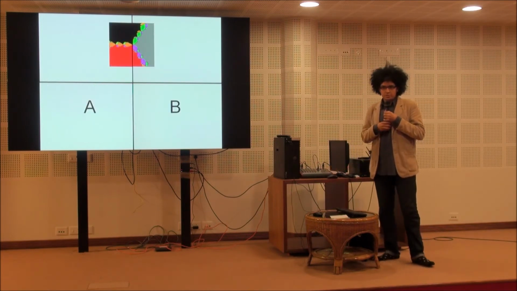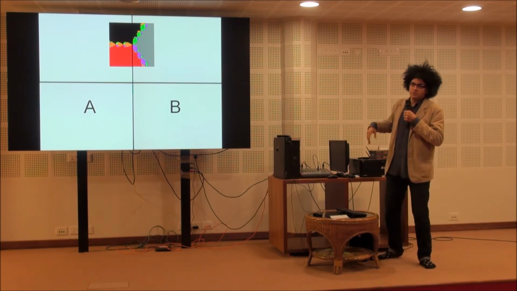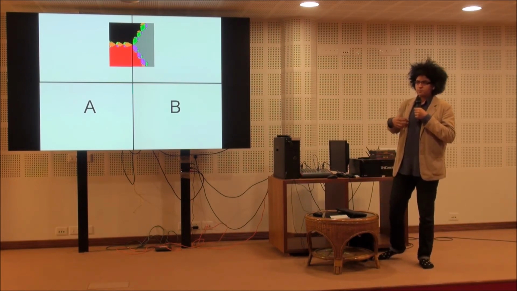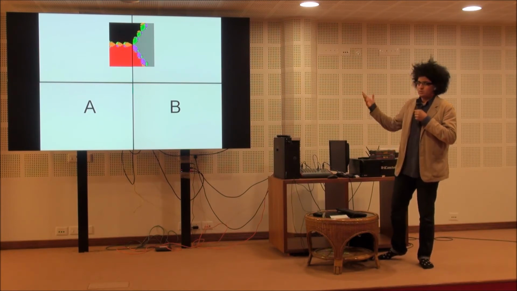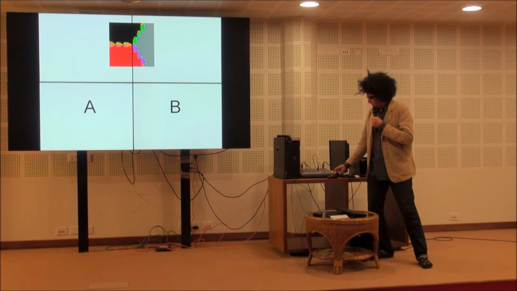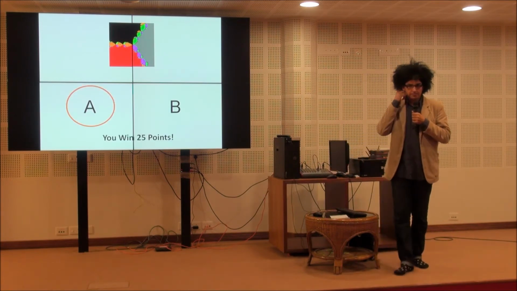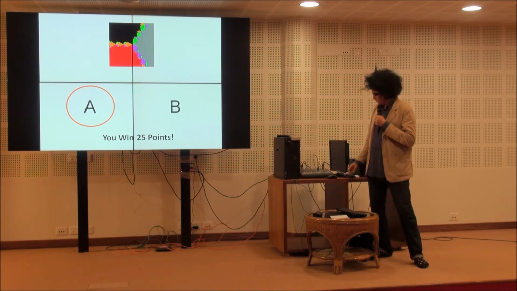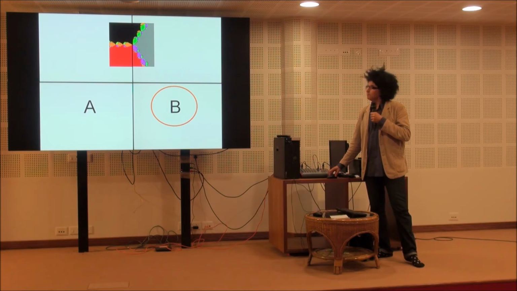Again, if you're a participant, you will be sitting in front of a computer, and this is what you will see on the screen. In the very beginning, you learn just by trial and error. I'll ask you for this stimulus, what do you want to choose, A or B, and then you say A, then you get some points. If you choose B, you get nothing.